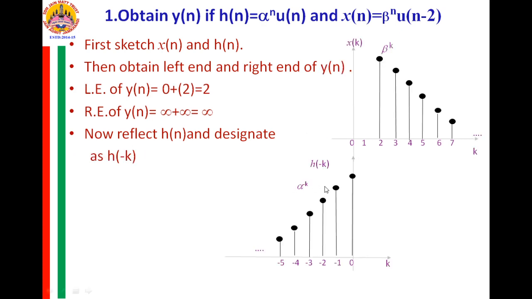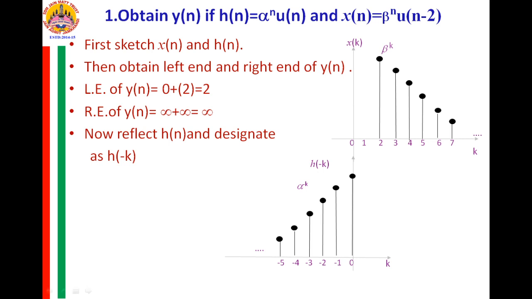So this is h[minus k]. If n is less than 0, we shift h[minus k] left, and if n is greater than 0, we shift it right. Then we take the product between x[k] and h[n minus k], add all the samples of the product signal, and obtain y[n] at that instant.